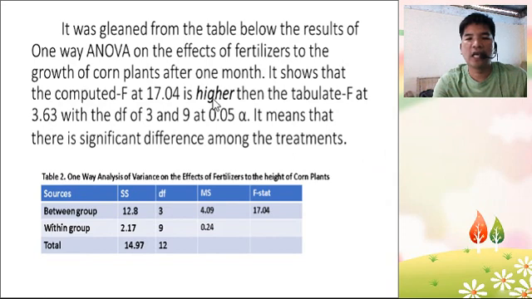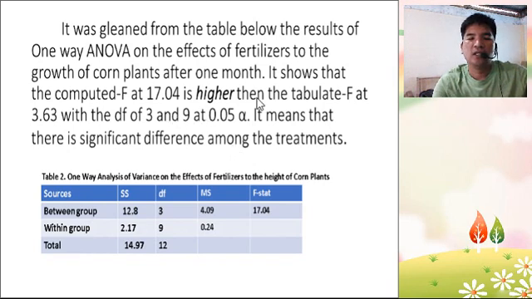No? Since the computed F, which is 17.04, is higher than the F in the table or tabulated F, which is 3.63, it means that there is significant difference. Okay? So you have to reject the null hypothesis and accept the alternative hypothesis.